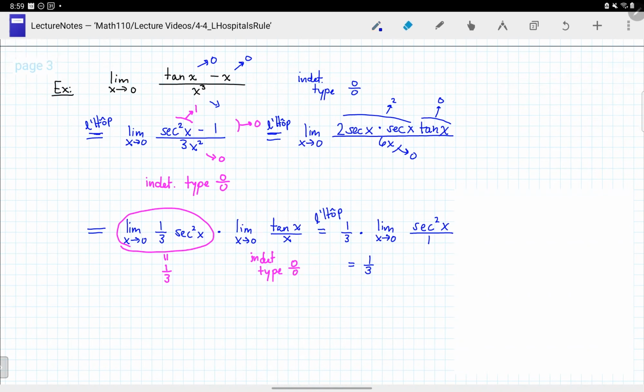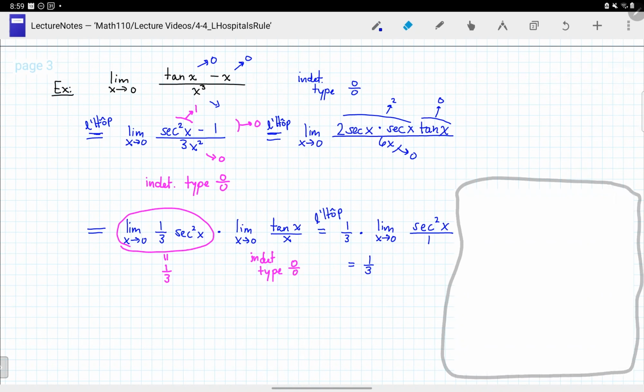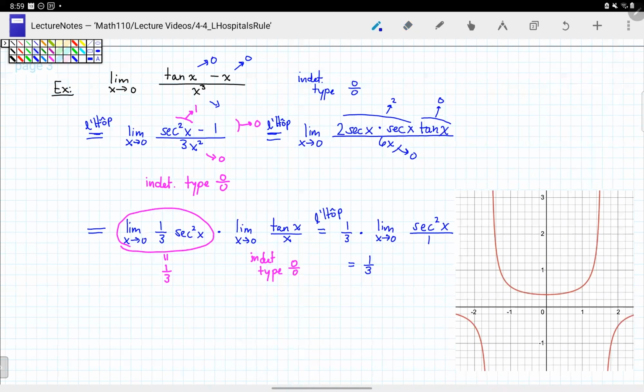So again, I want to look at the graph of this. I have pulled in a picture of the graph, and that's the function (tangent of x minus x) all over x cubed. And at x equals 0, it looks very much like the output gets very close to 1/3.